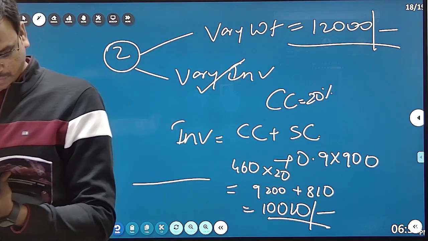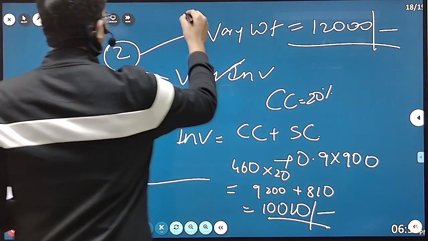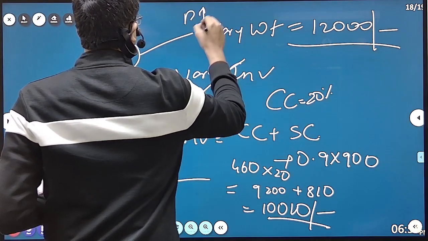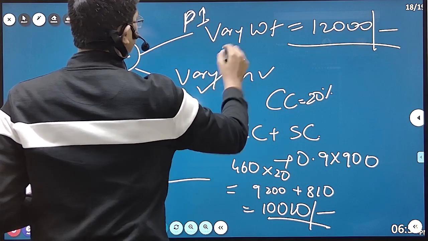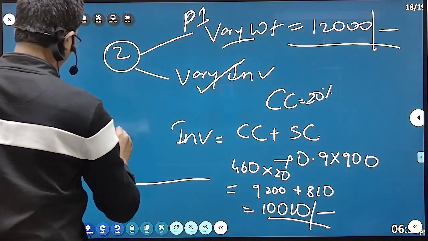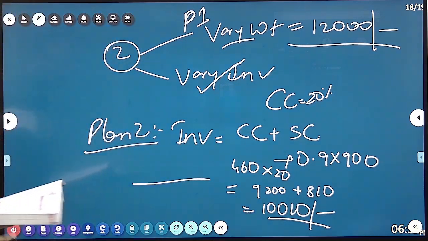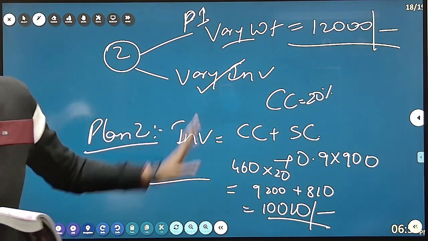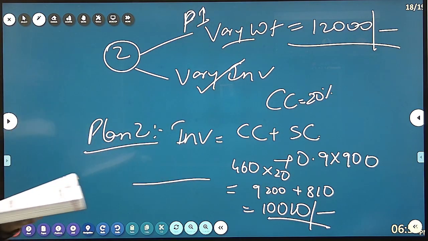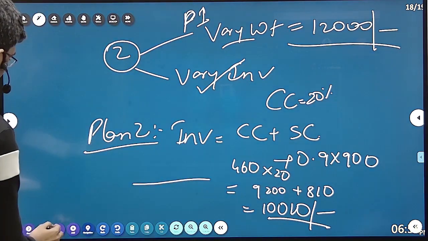Then the fourth plan is, okay, so this is our plan number 1, right, so this is varying workforce which he has given, and this is our plan number 2. This is nothing but varied inventory. Okay, so now plan number 3, he says he will produce at 10 per unit.